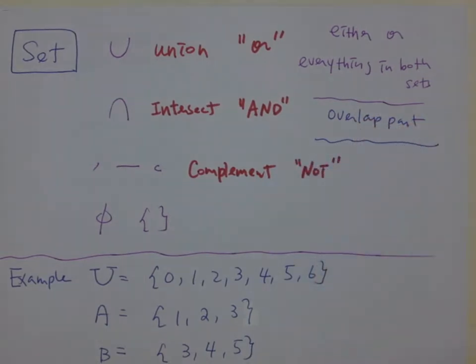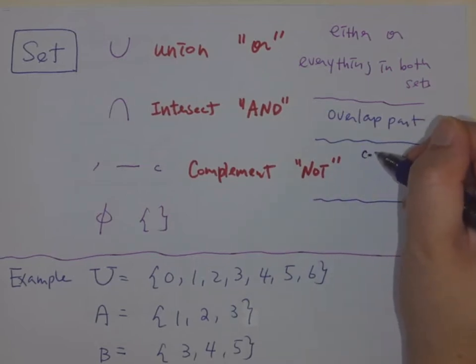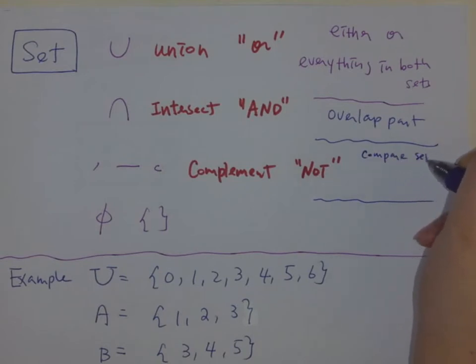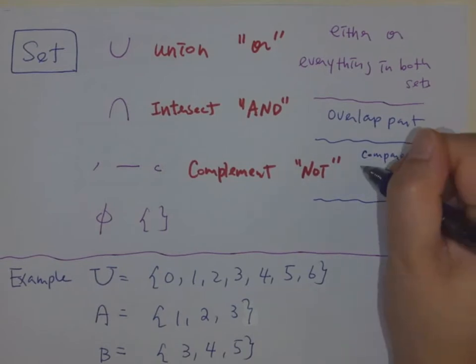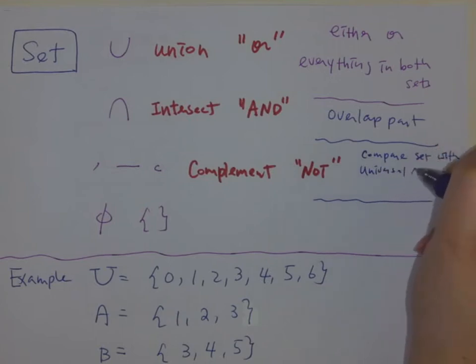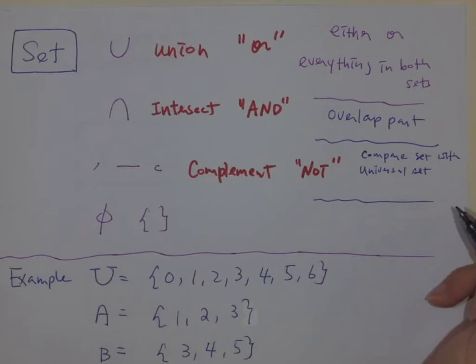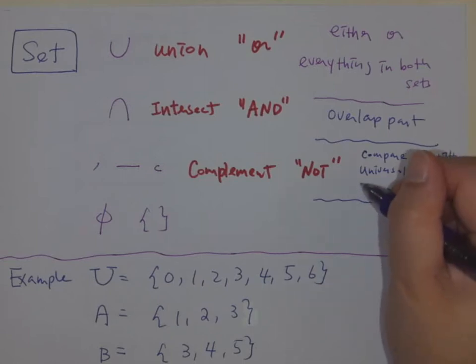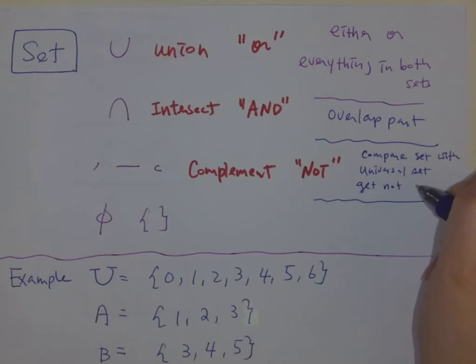What we do is compare that set with the universal set, and we want the part not in the set but in the universal set. You want to get the parts that are not in that set. And we will do some examples. Hopefully that will make more sense.